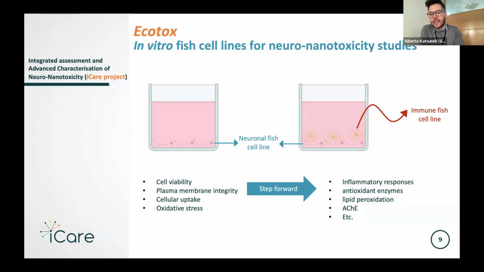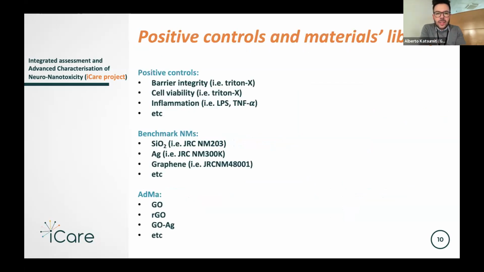Here, again, we want to characterize the inflammatory responses using the Luminex to see the expression of many different cytokines and chemokines in these cells. Here we can see the groups of positive controls and materials that we use for these tests. We separate three different groups of materials: positive controls, benchmark nanomaterials, and advanced materials.